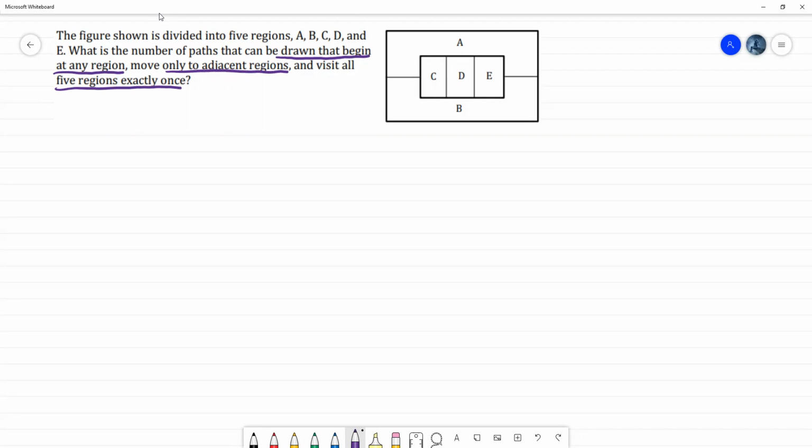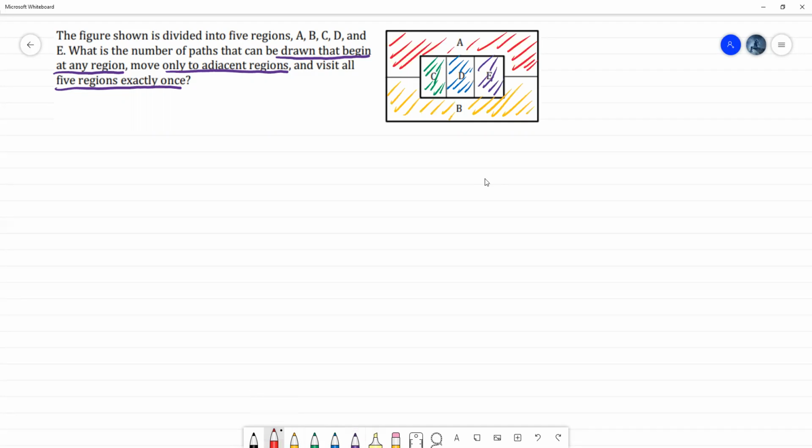So, a way to get this organized, let's just mark every region in a different color. So A will be red in this case, and I'm just doing this so we can visualize this easier, because there's a really easy way you can solve this problem. So D is blue, and E is purple.